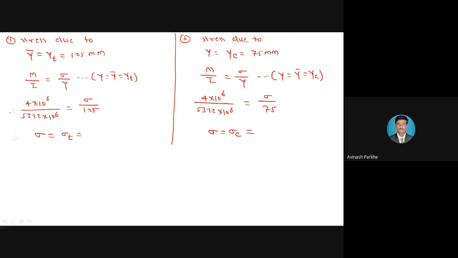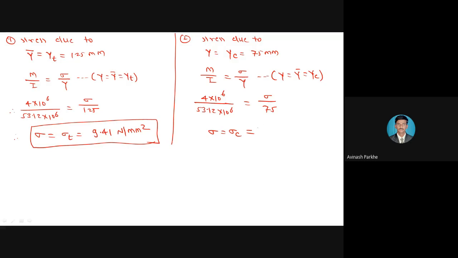Tell me the value of sigma t first. Yes, sigma t value is 9.41 Newton per mm square. This is a tensile stress because here we have taken yt distance for the further calculation.